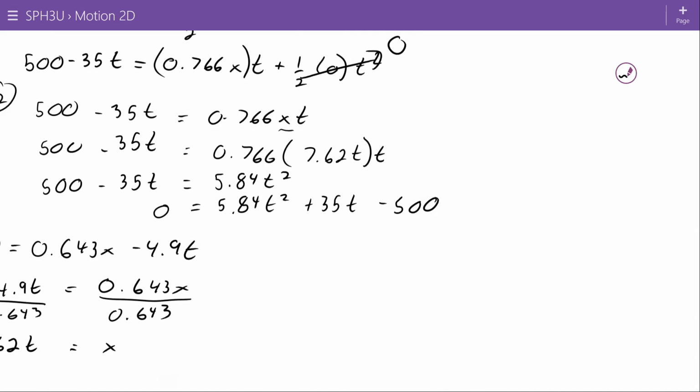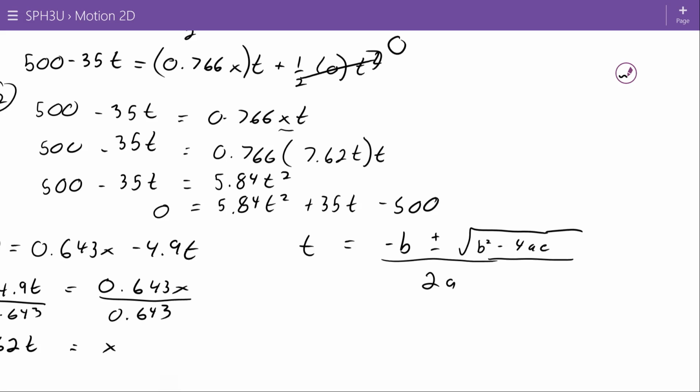And then I'm just going to use the quadratic formula. Substituting everything in here. It's going to be a little bit long, but I'll just write it out for now.